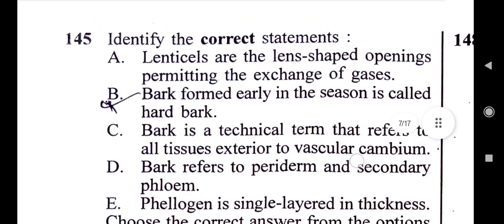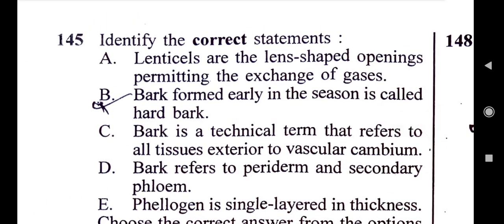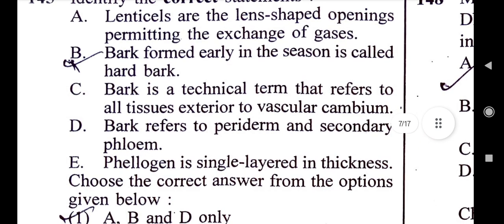Let's see question number 145. Identify the correct statements. A, lenticels are lens-shaped openings permitting the exchange of gases. B, bark formed early in the season is called hard bark. C, bark is a technical term that refers to all tissues exterior to the vascular cambium.